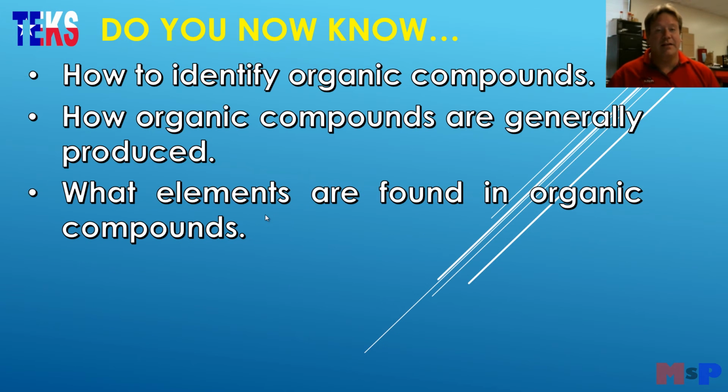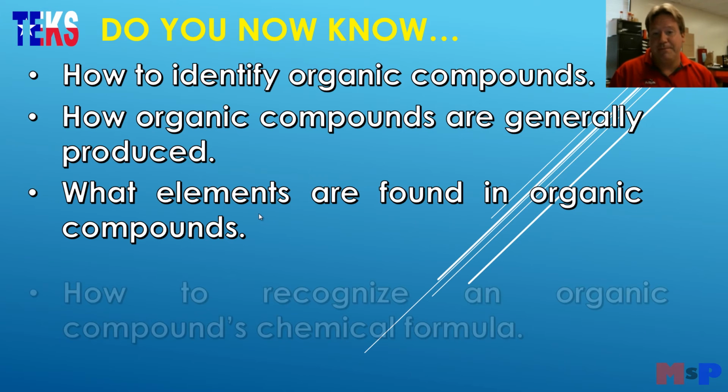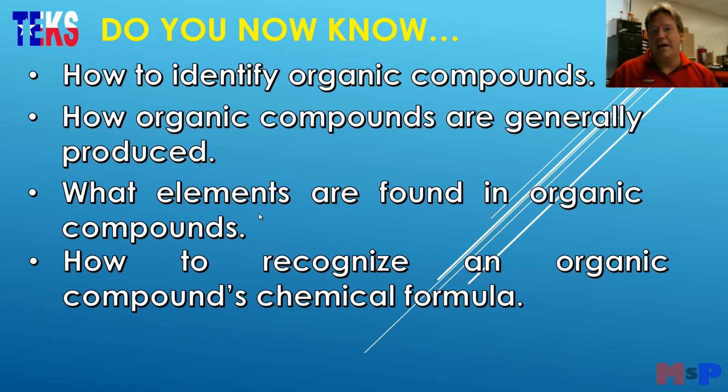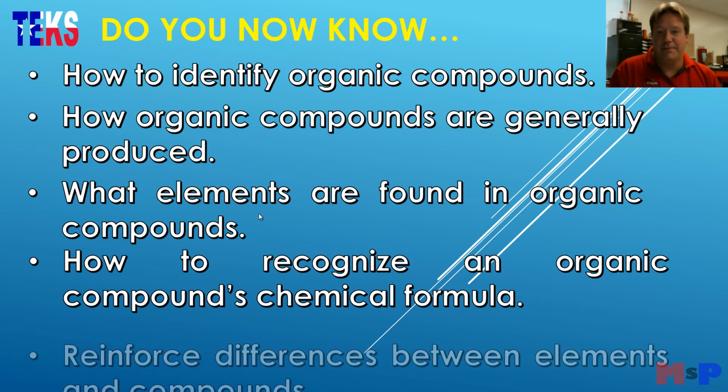Do you understand that there are elements besides hydrogen and carbon that are present in organic compounds? Nitrogen, oxygen, sulfur, and phosphorus can also be found in organic compounds. Do you remember the term SPONCH? Do you know how to recognize an organic compound's chemical formula? When you look at a chemical formula and you see that CH, that should be a pretty big automatic red flag that it's an organic compound.